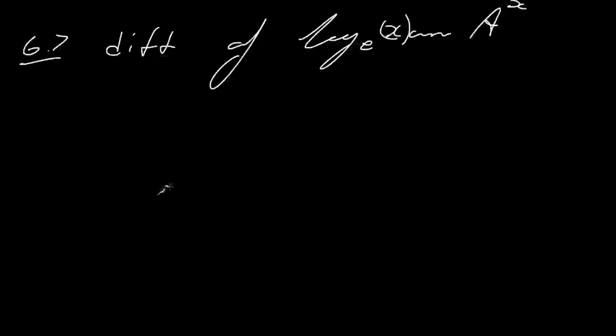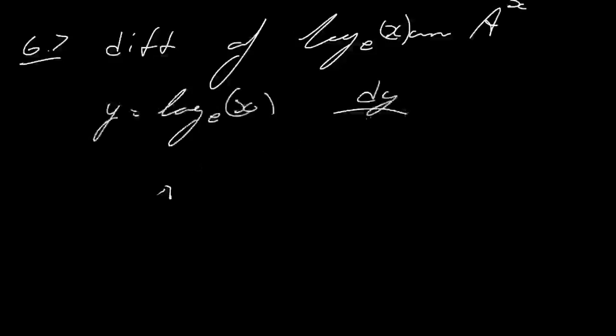Basically they go through this whole proof just to show you that, and once again, the proof is not important. If y equals log base e of x, dy by dx is equal to 1 over x.